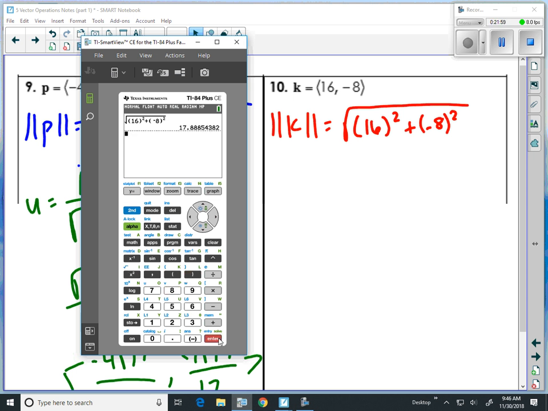Okay, ugly number, that's okay. We're going to go ahead and put it in by itself and see what our number under the radical is. 320. So we're going to have to break down this radical.